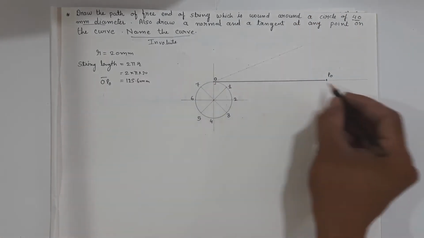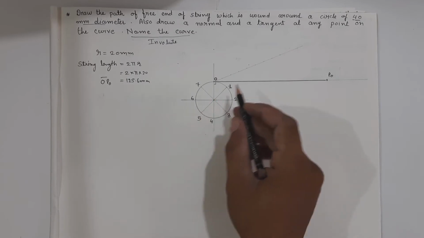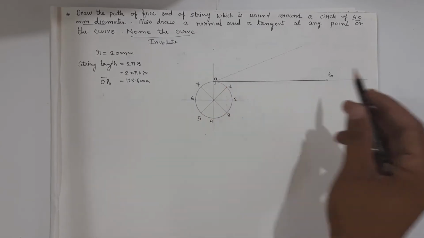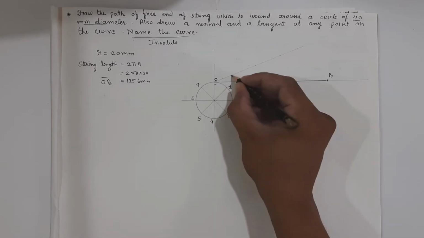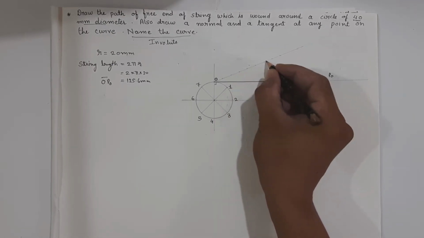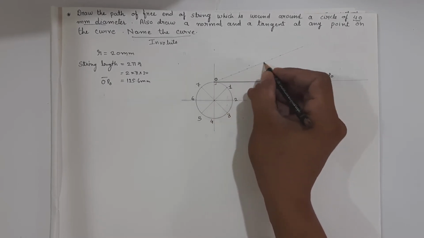We have to divide this line into 8 equal parts because we have divided the circle into 8 equal parts. If we had taken 12 divisions on the circle, then we would divide this line into 12 equal parts, but right now we will divide this line into 8 equal parts. So this is 0, 1, 2, 3, 4, 5, 6, 7, 8.